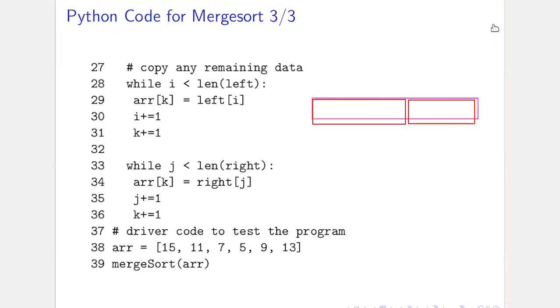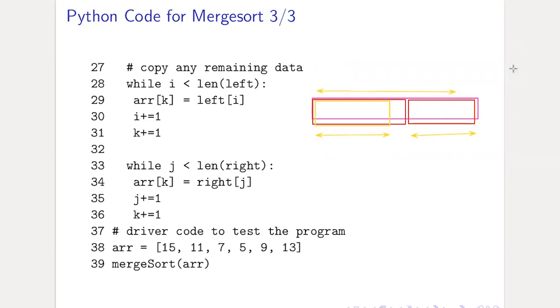So by the time the left hand side is processed up to the same length, this length on the left hand side being the same as this length on the right hand side, the original array would have got filled up to here.